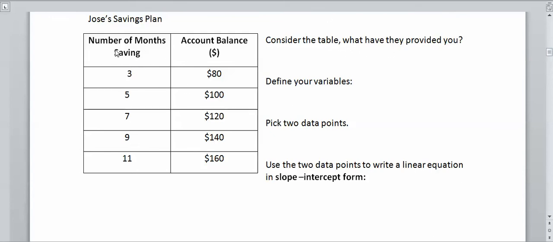All this is two different variables: the number of months that I'm saving and the account balance after that amount of months. So they really provided me a bunch of ordered pairs, which means that all of these are points on a line. So they provided me with the variables and points on a line.